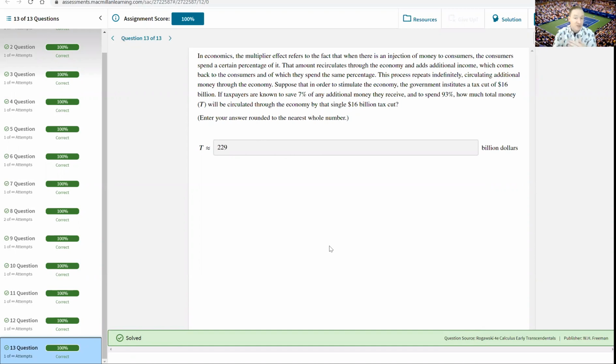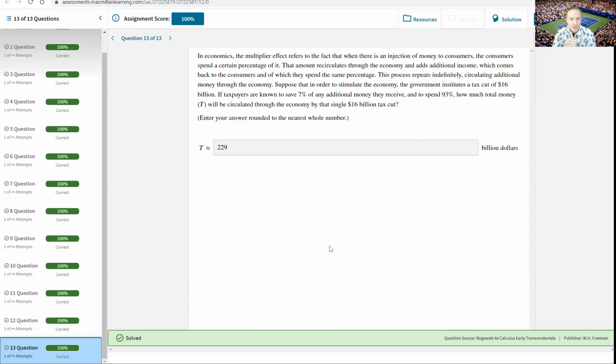The amount recirculates through the economy and adds additional income, which comes back to consumers, and of which they spend the same percentage. This process repeats indefinitely, or as we're supposed to assume, infinitely many times, circulating additional money throughout the economy.